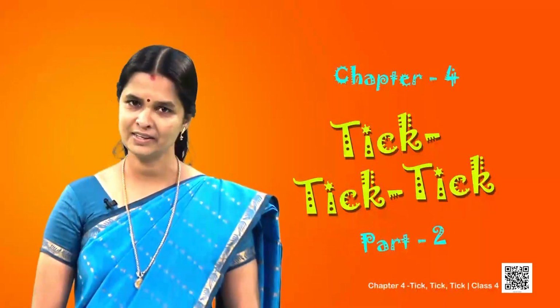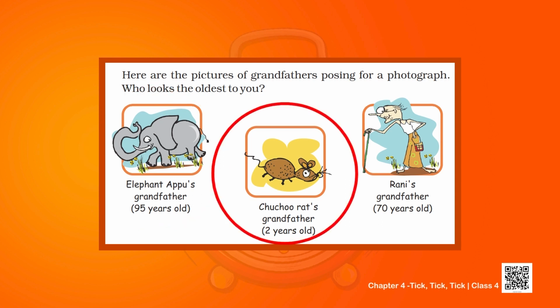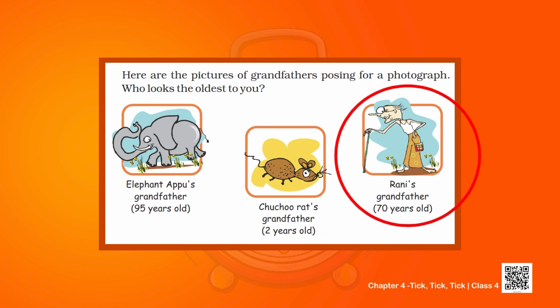Now, look at this photograph. 3 grandpas are posing for photo. Yes, they are Appu elephant's grandpa, Chuchu rat's grandpa and Rani's grandpa. Who looks oldest to you?